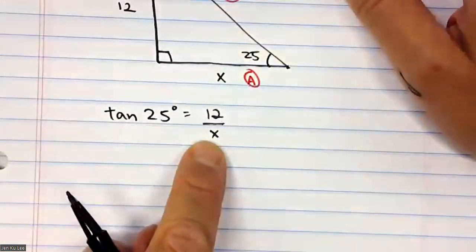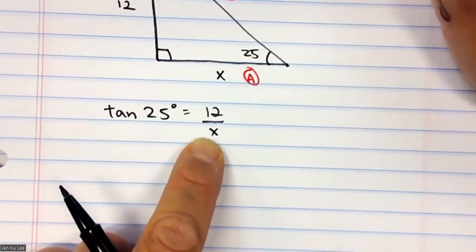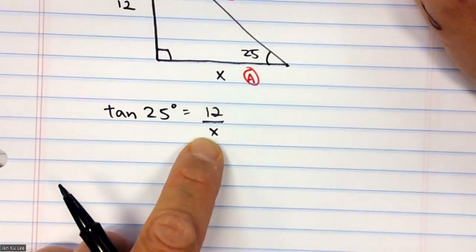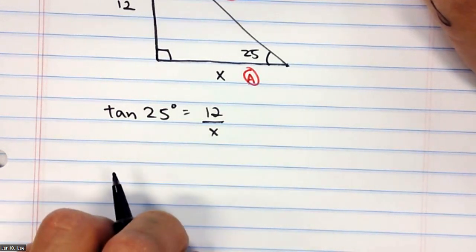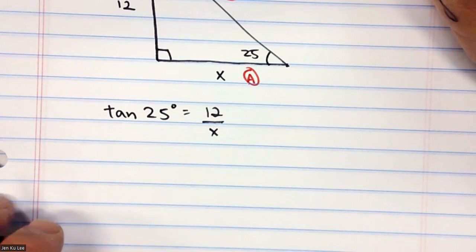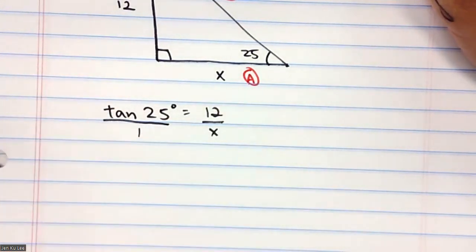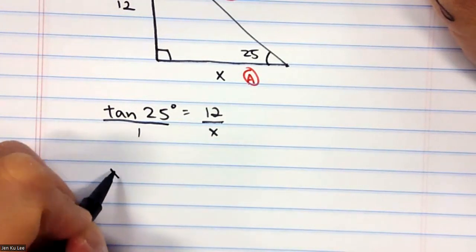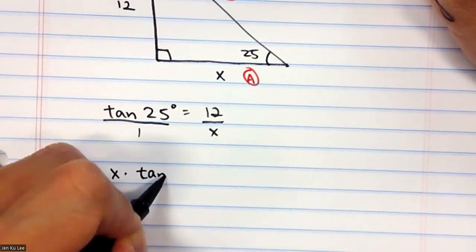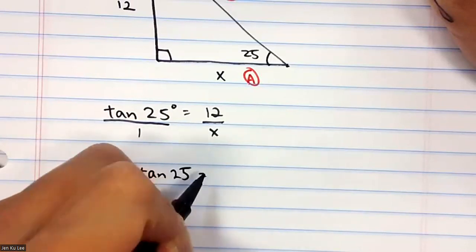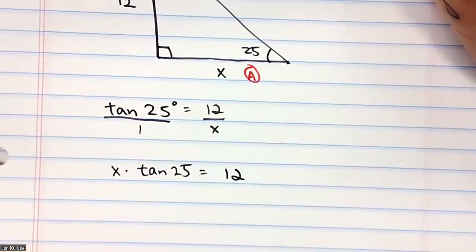But now, my variable is in my denominator. Mathematically, what do I do? Cross multiply, okay? If you cross multiply it, that's over 1. So that would be x times the tangent of 25 equals 1 times 12, which is 12.